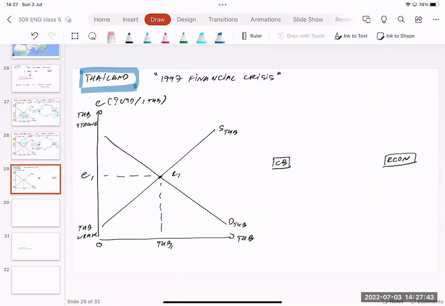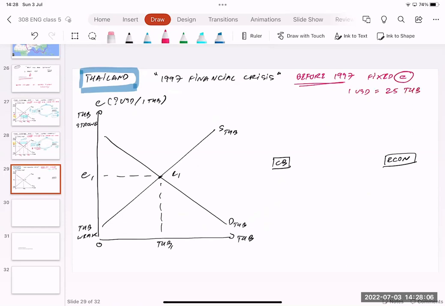Before the crisis, before 1997, Thailand used a fixed exchange rate. We fixed the exchange rate so that $1 always equaled 25 baht.